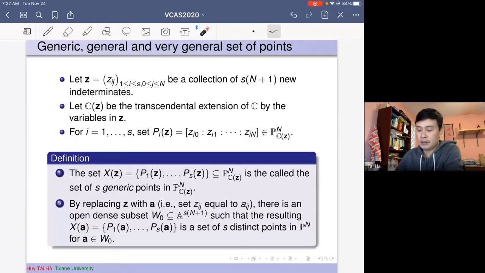However, it's very easy to see that there's an open subset W0 such that if you take A to be inside W0, then the resulting set after the substitution of Aij for Zij is a set of s distinct points in Pn, and in fact, every set of s distinct points in Pn comes in this way.